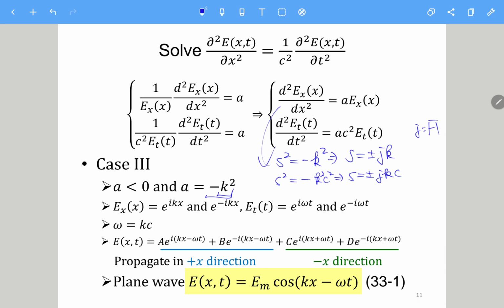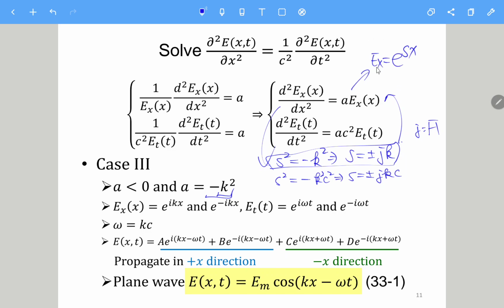Okay, so here, for the first one, which is for this ordinary differential equation, jk is the imaginary part. Actually, we would assume that E of x is exponential to sx, where x is the independent variable.